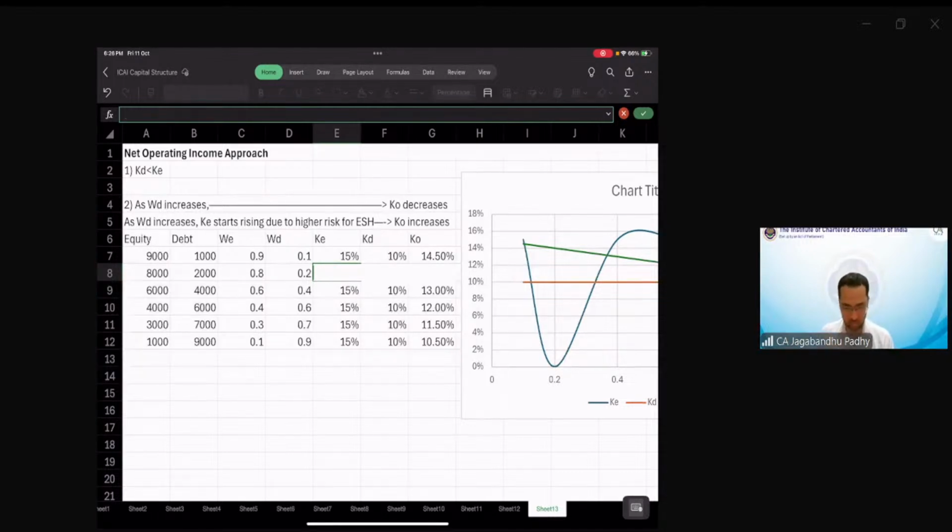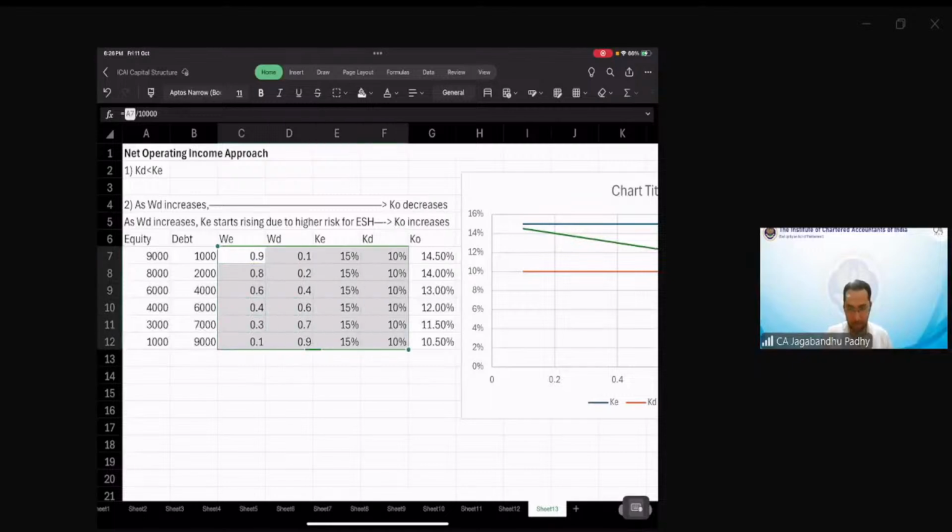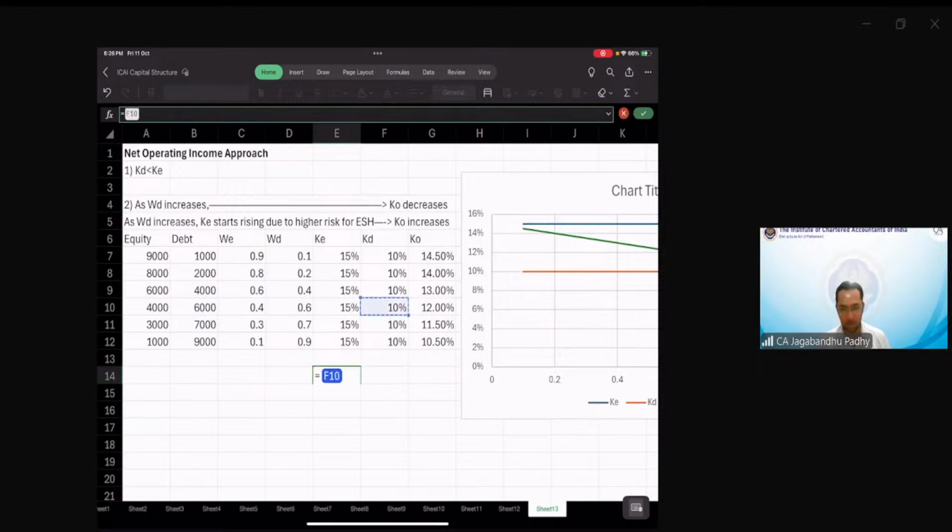So this set of numbers, let me just take it as 15%. Your cost of equity will be, overall cost of capital.